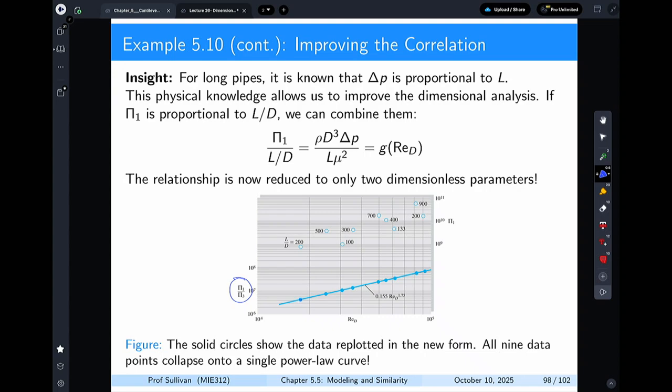And again, you're going to see a lot of data out there where we've taken some form of the data that scatters all over the place, replotted it in a new form, and those 9 data points collapse into a single power law curve, because you kind of expect Reynolds number and length to be correlated.